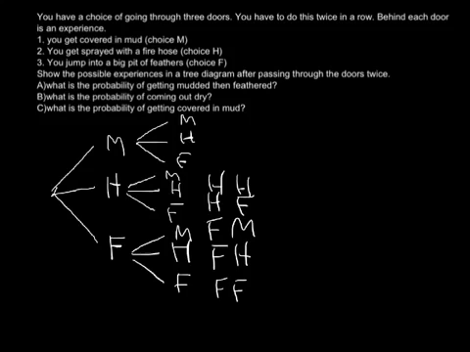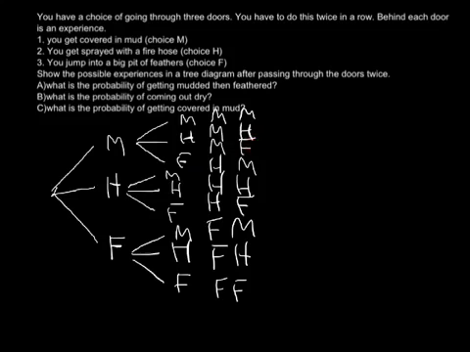We can get double hosed, hosed and then mudded, and this one we can get mudded and then feathered, or mudded then hosed, or mudded and mudded. So each of these outcomes line up following the branches.